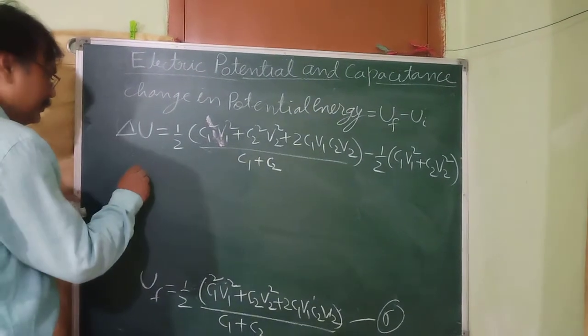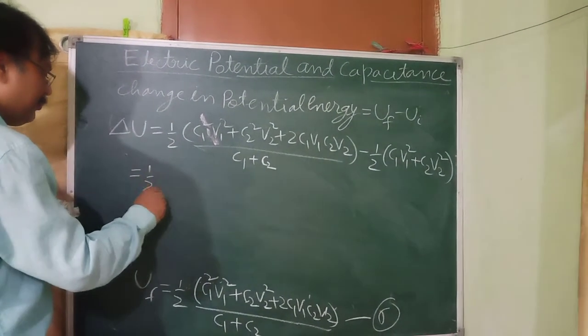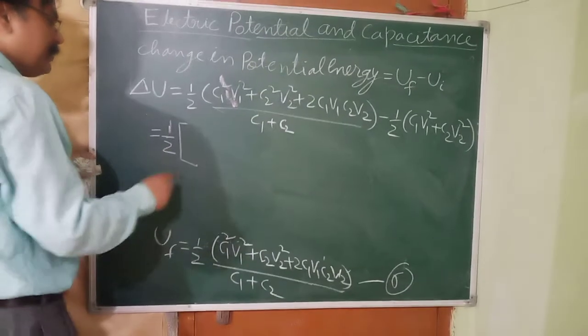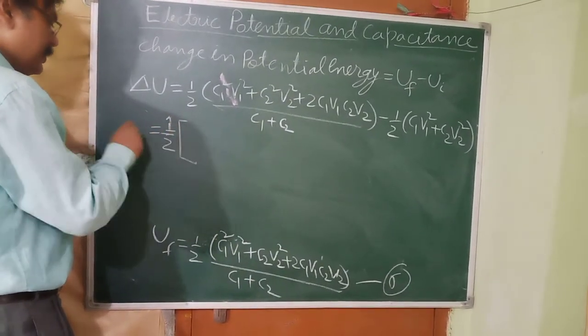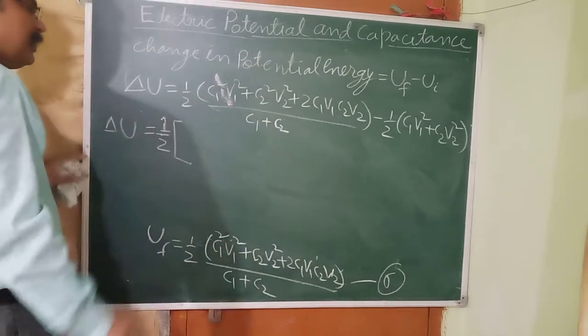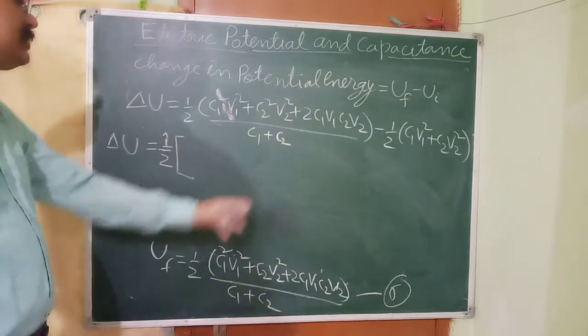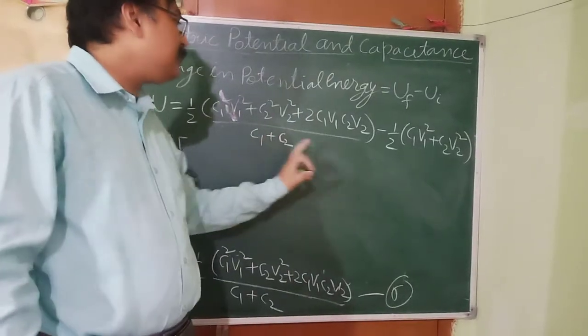So first thing we have to do is take half common. When we take half common, we can apply a square bracket. Here delta U is there. Now we can take the LCM C1 plus C2. If we want to take the LCM C1 plus C2, we have to multiply C1 plus C2 with this.